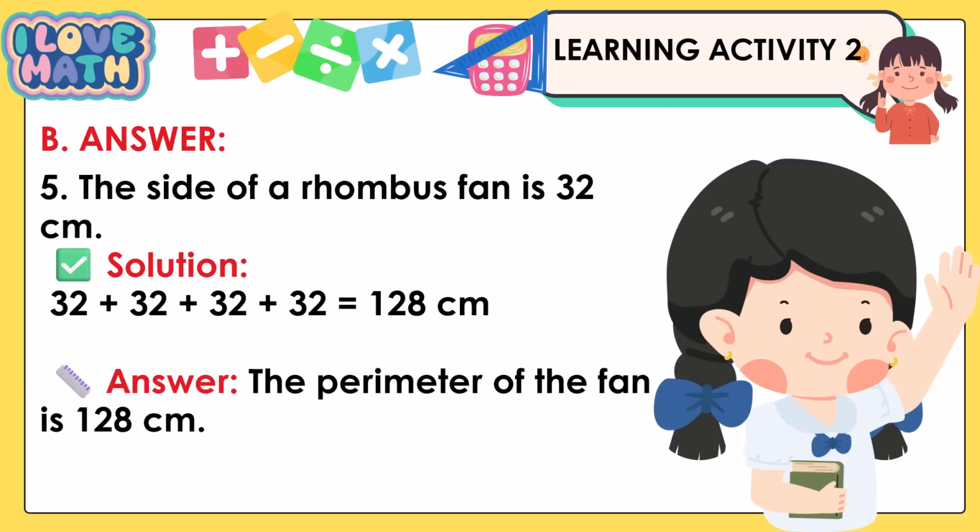Number 5, the side of a rhombus fan is 32 centimeters. Solution: 32 plus 32 plus 32 plus 32 is equal to 128 centimeters. The answer: the perimeter of the fan is 128 centimeters.